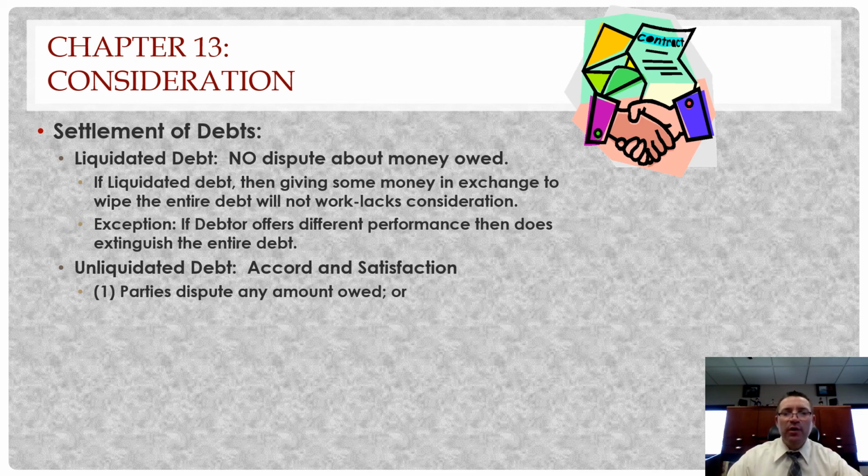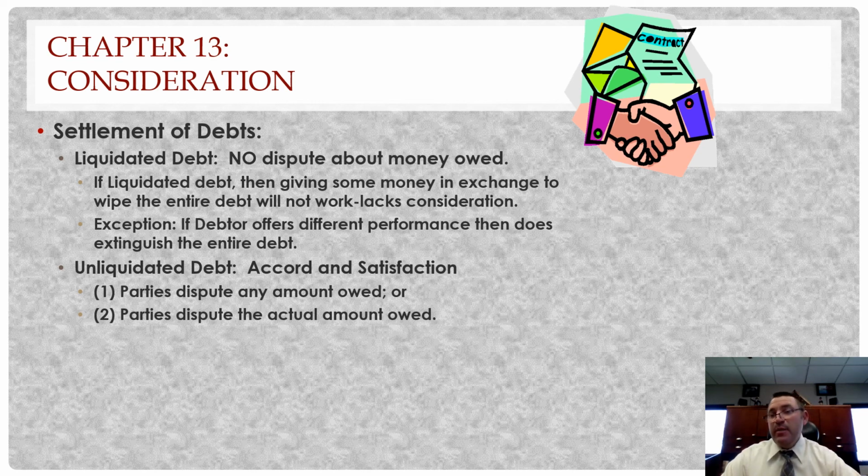Whatever. We don't know. Parties are disputing the amount actually owed, or we're disputing there's any amount owed. I never agreed to pay you $20 to mow the lawn, so I have no idea why you're mowing the lawn, even though I watched you mow my lawn every week for the last year. But in any of those situations where parties dispute whether any amount is owed, or what the actual amount owed is, we can reach a new agreement.